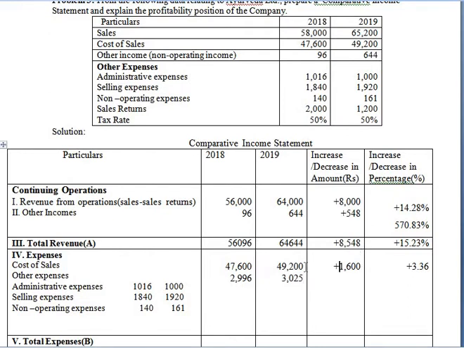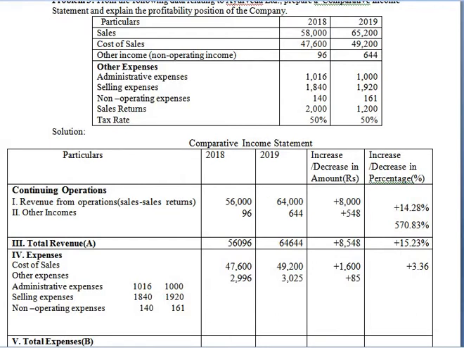Now we have to find out what? Whether the amount is increase or decrease. How you will find out? 2996 minus 3025 rupees is equal to plus 85 rupees. Okay, plus 85 rupees.